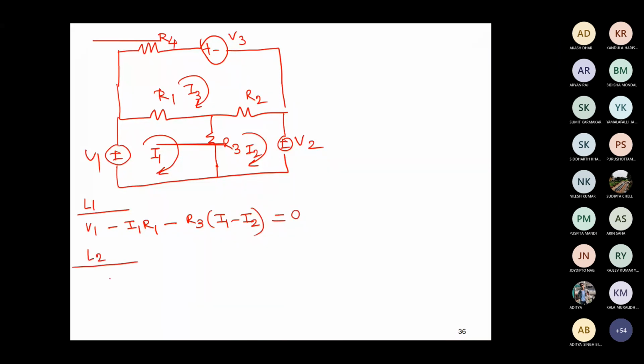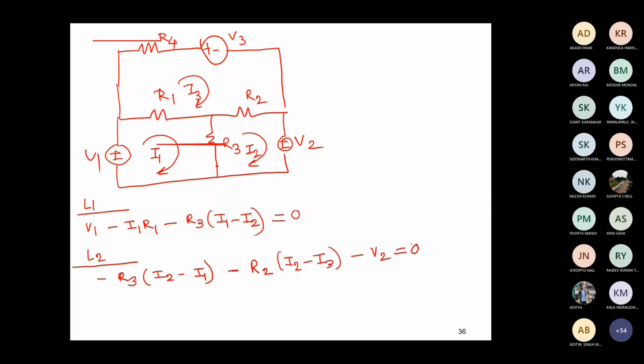Then the second loop is minus R3 into I2 minus I1, minus R2 into I2 minus I3, minus V2 equal to 0.